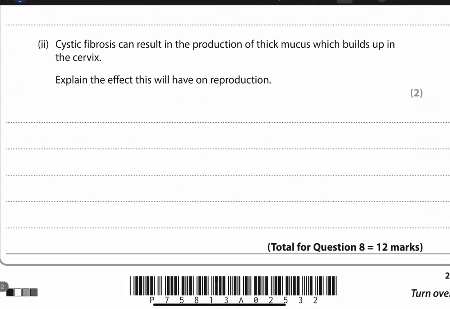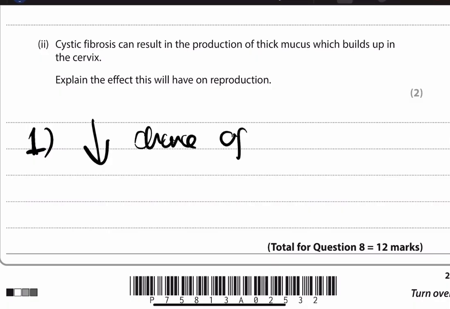Cystic fibrosis can also result in the production of thick mucus which builds up in the cervix. Explain the effect that this would have on reproduction. Well, if you have a thick mucus in your cervix, it's not going to be likely that sperm is going to be able to reach your oviducts and fertilize an egg. So essentially, thick mucus reduces chance of pregnancy.